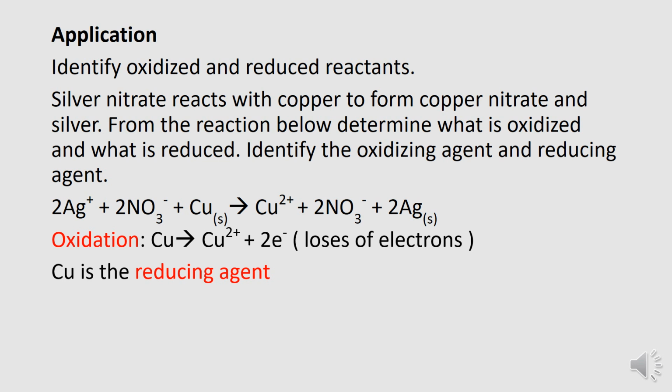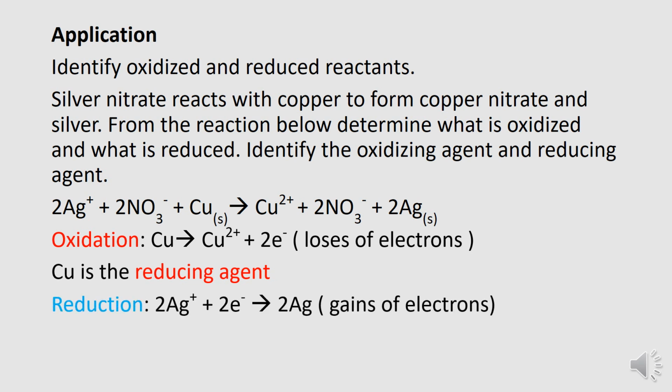Why is it the reducing agent? Because it helps the silver ion to undergo reduction. So, how do you write the equation of silver ion gaining electrons? One silver ion gains 1 electron to become silver solid, but here we multiply the whole equation by 2 in order to have 2 electrons lost and 2 electrons gained.